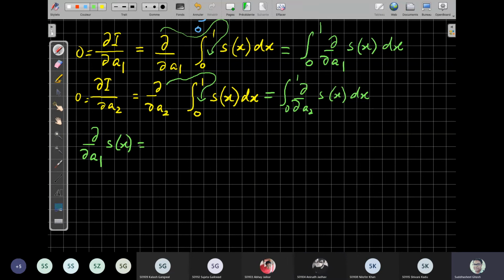अब मुझे del by del a1, अभी now what is my S(x) का expression? Now tell me. So please tell me what is the expression for S(x).